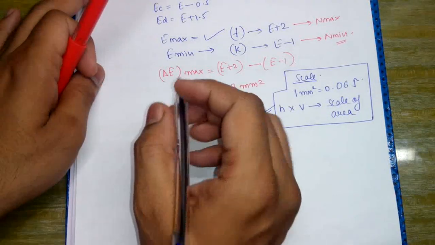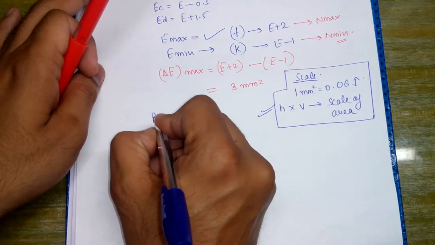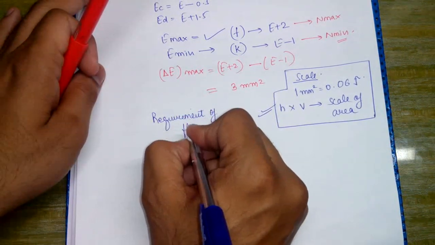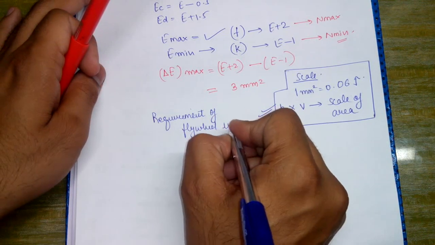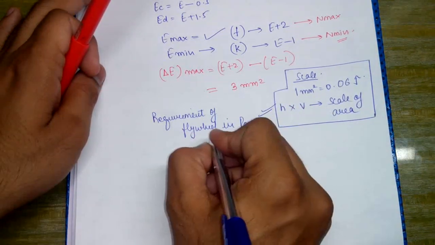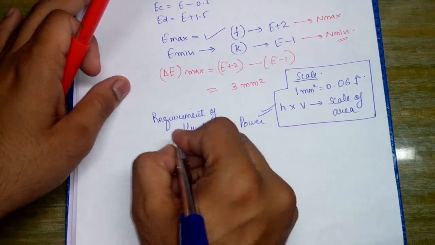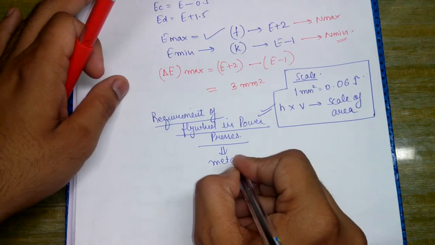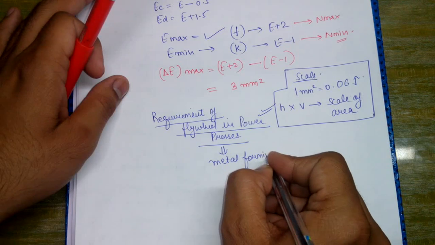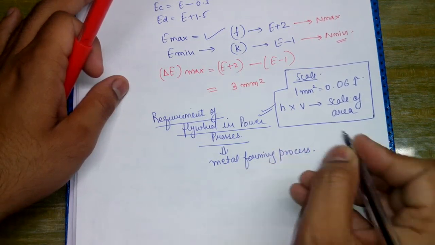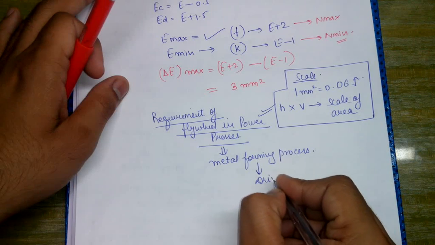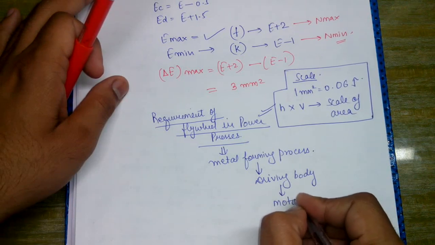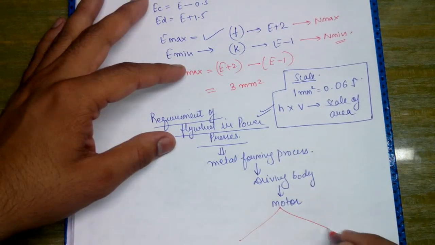Now we will discuss the requirement of a flywheel in power presses. These presses are used for metal forming processes, and they require a driving body, that is a motor, and the motor is related to two components.